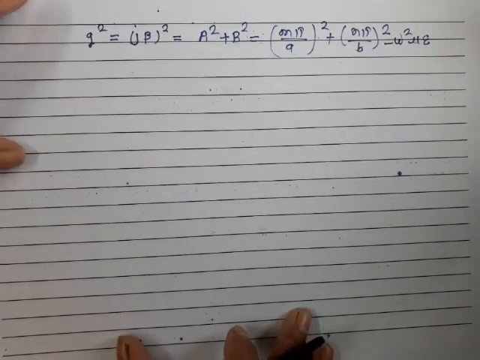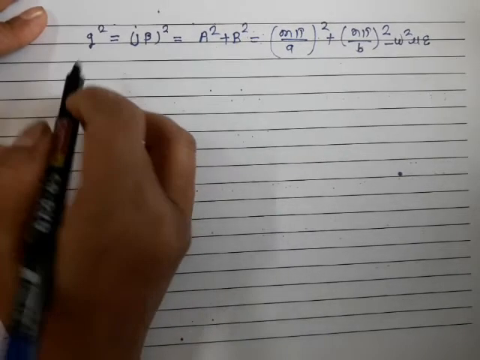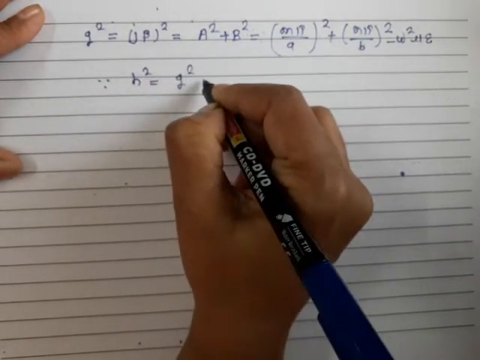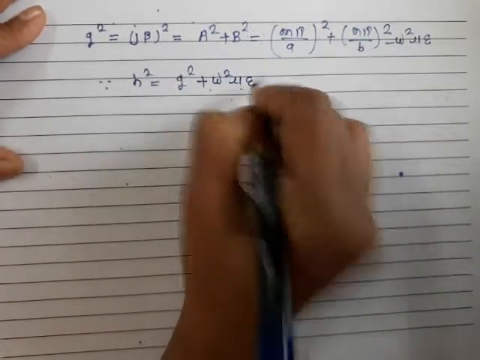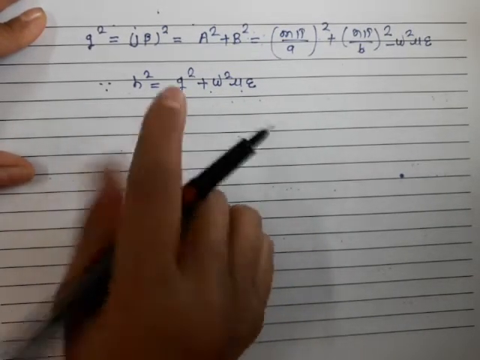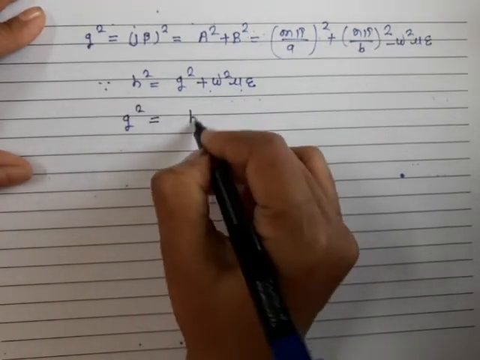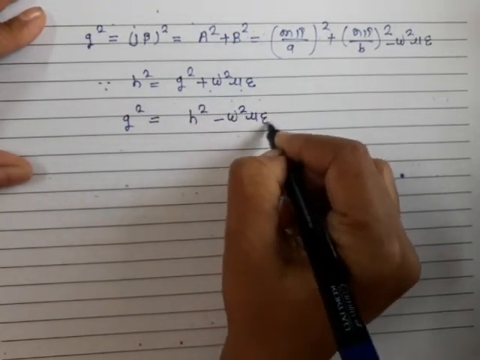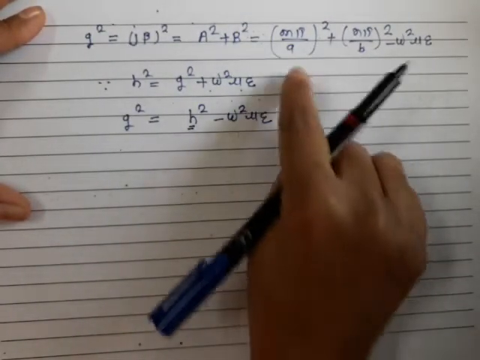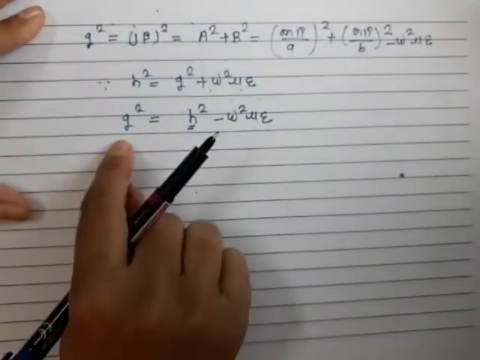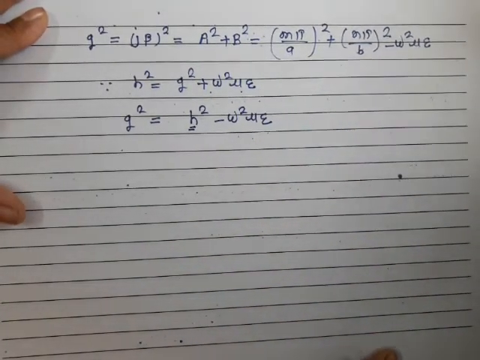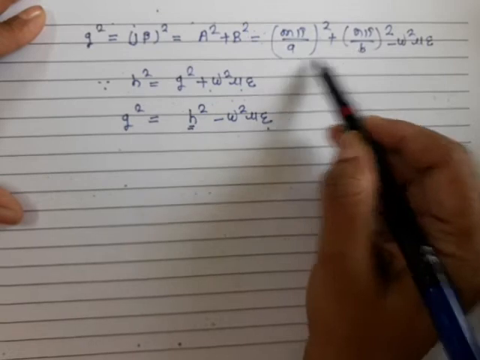We already know that h square is equal to gamma square plus omega square mu epsilon, so gamma square must be equal to h square minus omega square mu epsilon. Since we are interested in gamma square, we take h square minus omega square mu epsilon.